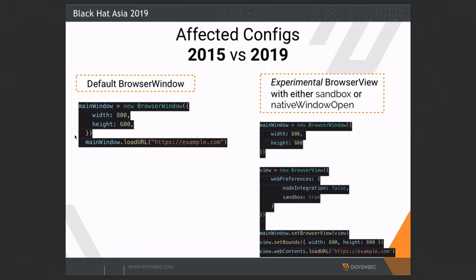On the other hand, in 2019, which was the most recent node integration vulnerability, it only affected a new feature, which is browser view, with 2 particular attributes, and both the object and the attributes are experimental at this point, right? So it's clearly setting a difference as for the applicability of certain node integration bypasses. If you take a random application, you need to really have this specific configuration in order to bypass the integration.